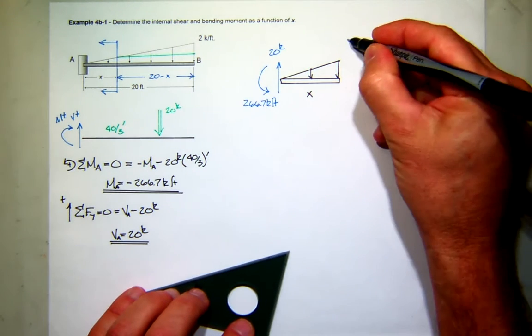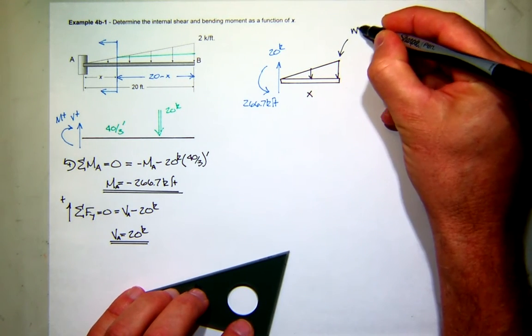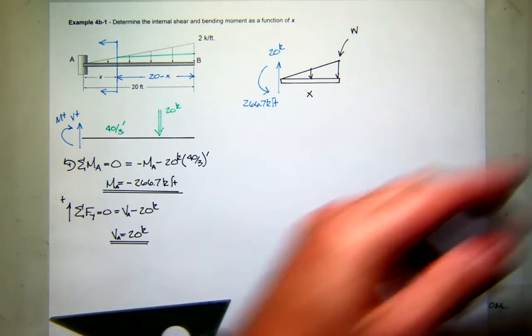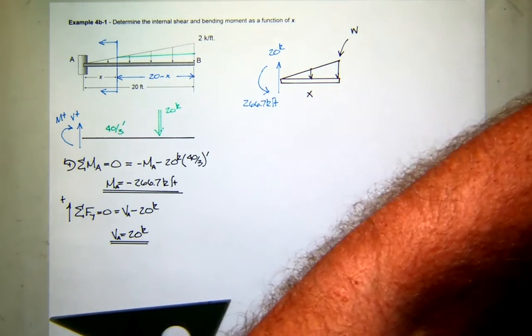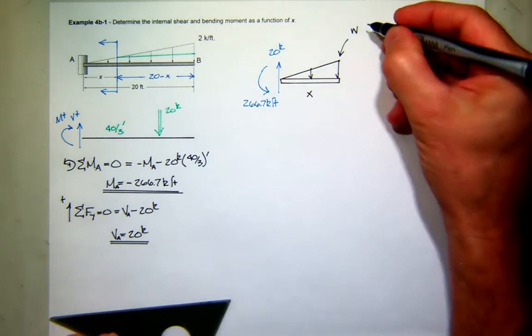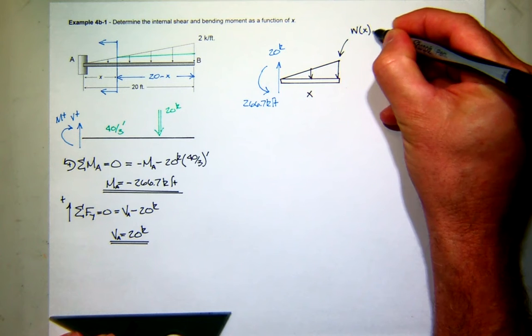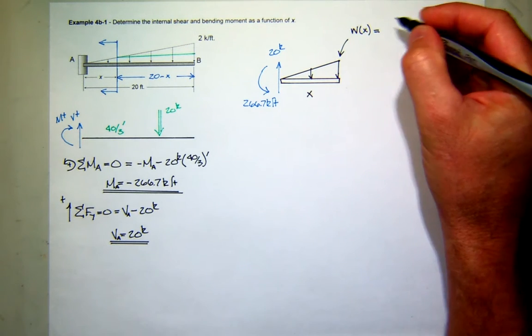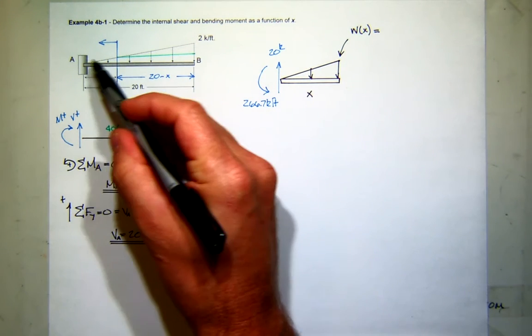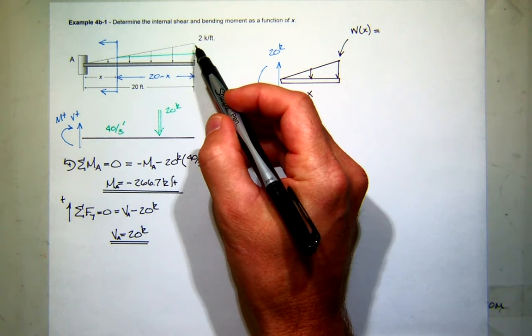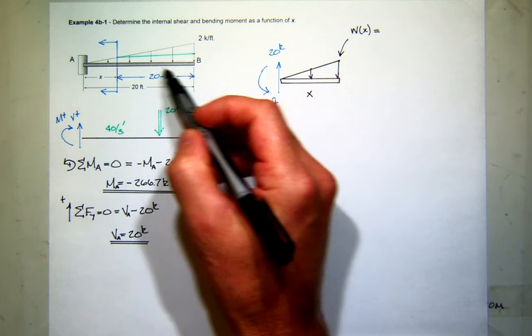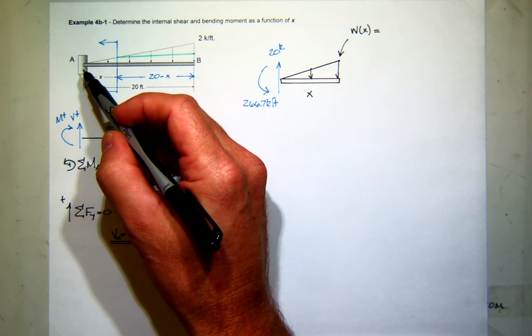Oh, by the way, what's the intensity of that load right there? Does it vary? Yes, it does. So it's going to be a function of x. So what is that function of x? What's the slope of that line? Rise over run. 1 to 10.